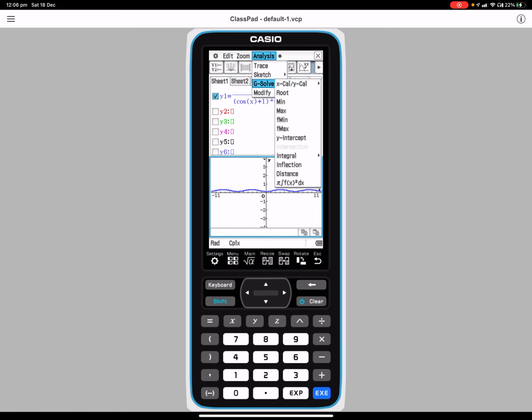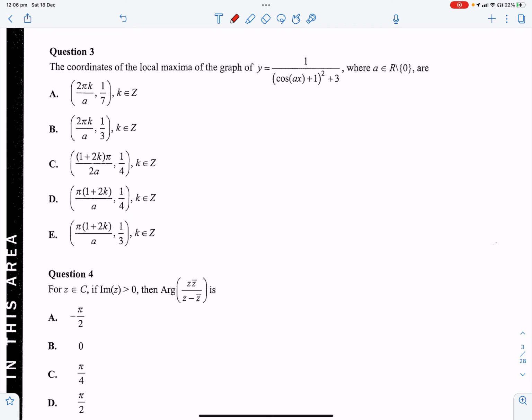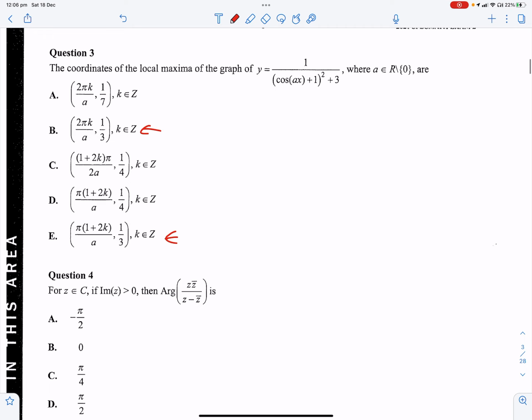Okay, analysis, G-solve, max. Okay, so I've got pi, and then I've got 3 pi, and the maximum is 1/3. So it's got to be between this one and this one. I said pi and 3 pi. Here, if k is an integer value, is there any way that I could get 3 pi?